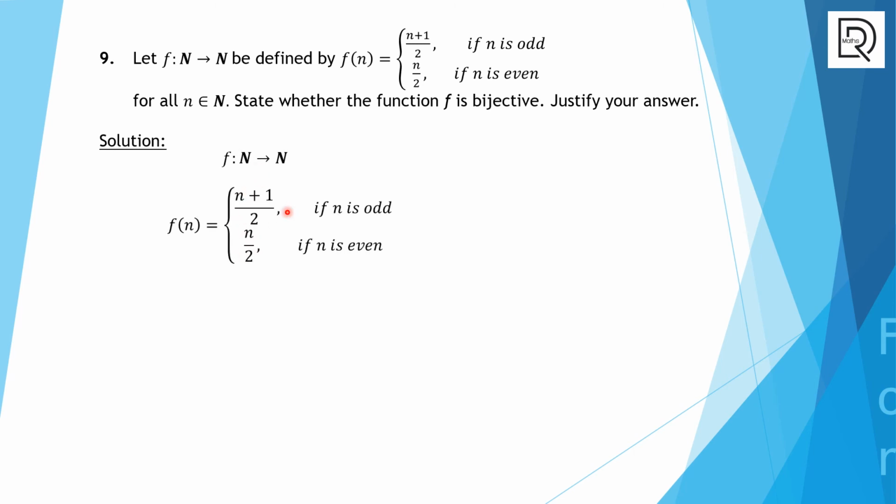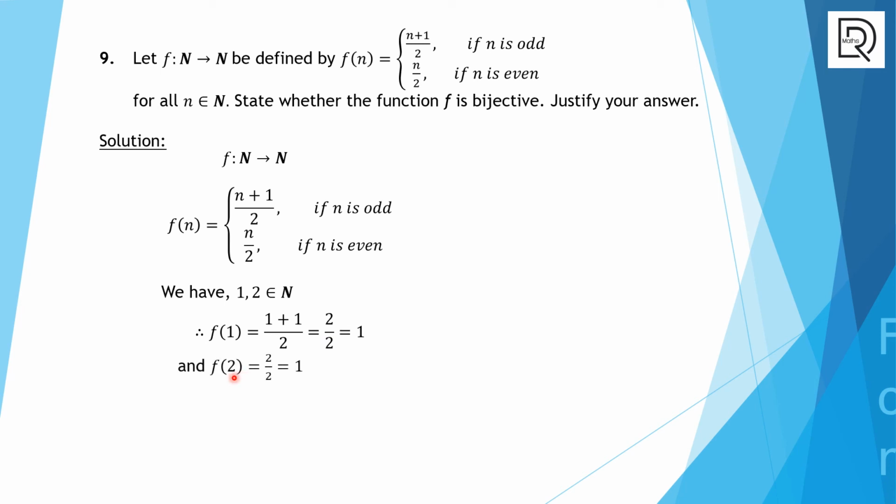To check whether this function is 1-1, we take 1, 2 belonging to N from the domain. Then f(1) = (1 + 1)/2. Since 1 is odd, we use this definition. So this equals 2/2, and this is equal to 1.